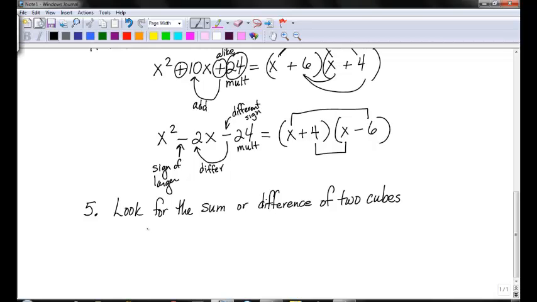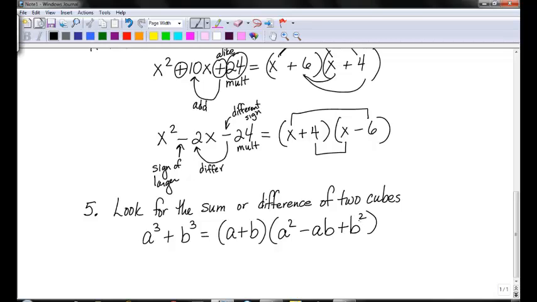Okay, the pattern. A cubed plus b cubed. If that's a plus sign, the sign inside the first set of parentheses is the same. It's plus. And then a squared minus ab plus b squared. So I remember if this is a plus, then this is a plus, this is a minus. The last sign is always positive.